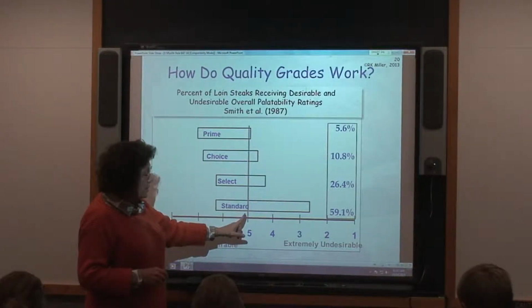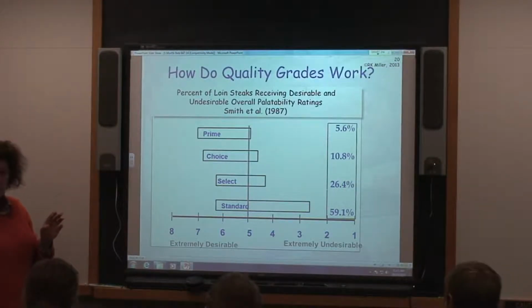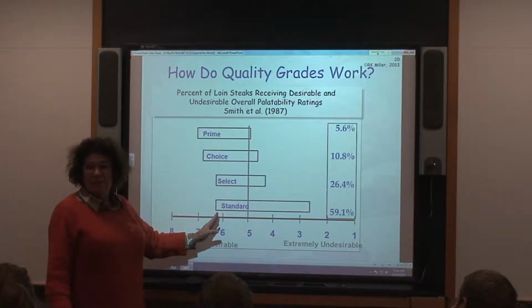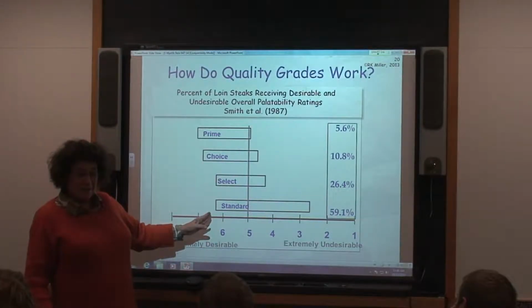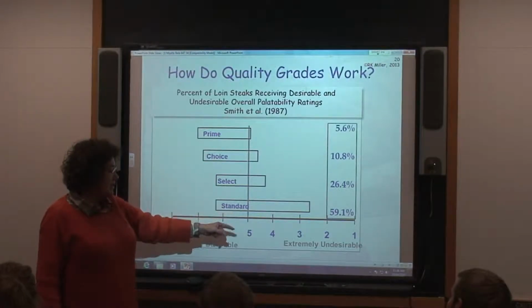I put this line at a 5, because that's really minimally acceptable. A 5 would be slightly tender, slightly juicy, and slightly flavorful. I think our line's probably 6 today, right? But a 5 would be the minimum that I think most people find acceptable.